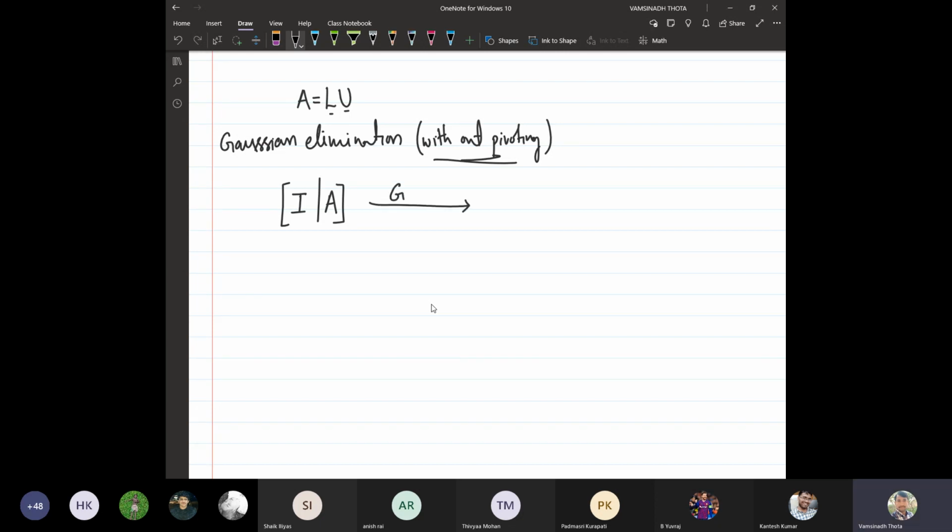using the Gaussian elimination, means not all the elementary row operations, only the elementary row operations which need to be converted without pivoting. Remember that.